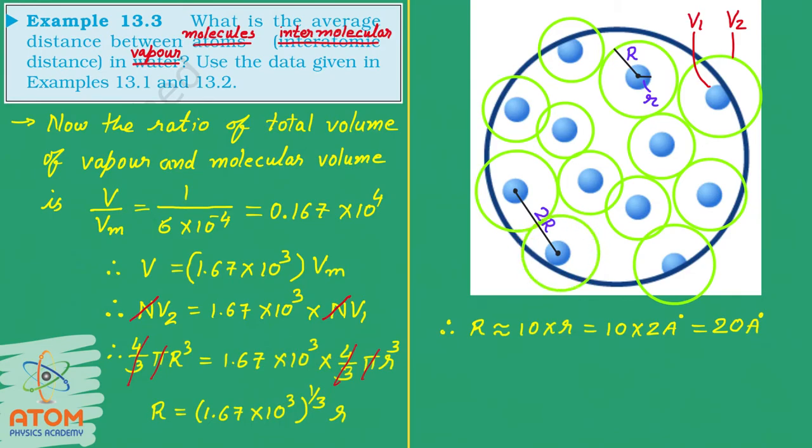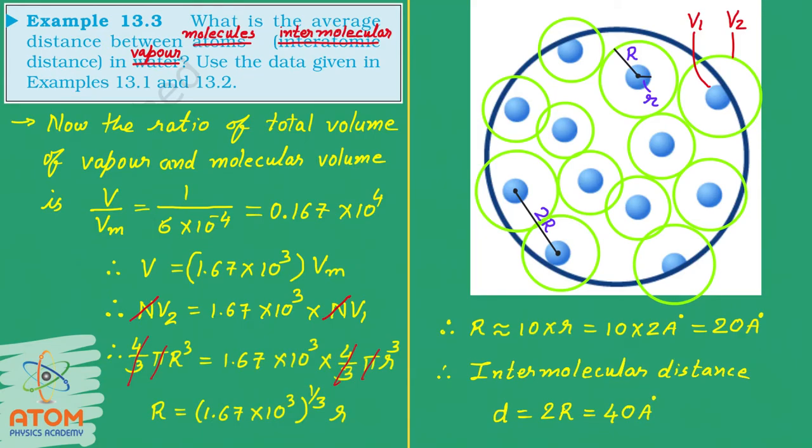Now the final answer that we need is the intermolecular distance. See, intermolecular distance can be taken from center to center, meaning the center of one molecule to the center of another molecule, and that obviously will be equal to 2R. So intermolecular distance, let me name it d, is 2 capital R, and if you take 2 into R, that will be 40 angstrom.